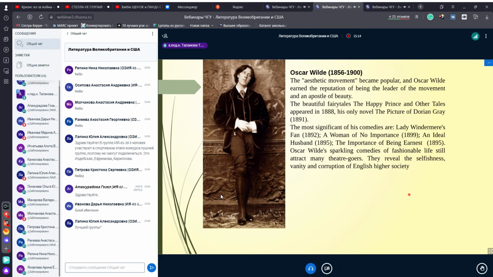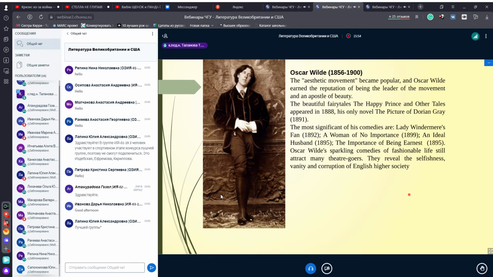And in 1891, he wrote his novel, The Picture of Dorian Gray. And after that, he became a famous dramatist. So he's famous not only because of his fairy tales and his novel, but for his comedies.